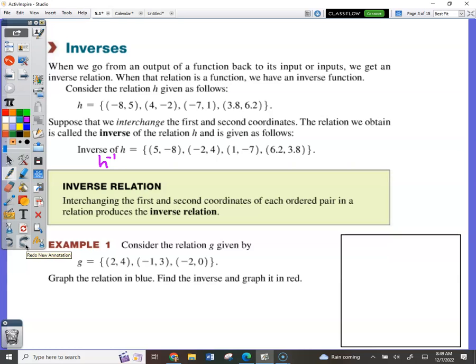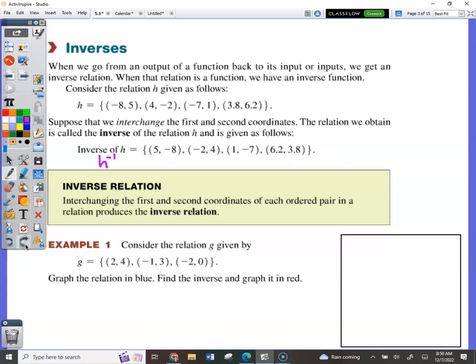Instead of jumping right into equations, let's look at just sets. The squiggly brackets means a set of points. Okay, these are just points. Notice the inverse set. Look what happened. What do you notice? They took the x and the y's and they switched them, which makes perfect sense if you think about the visual that you're just turning it inside out.